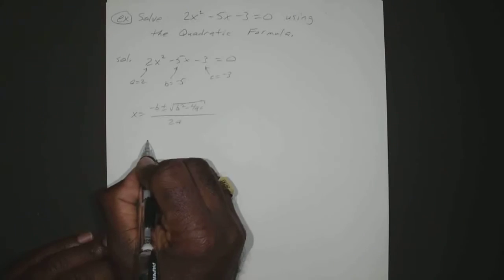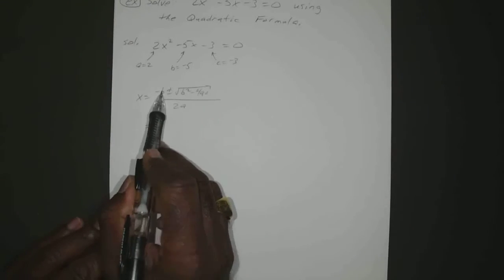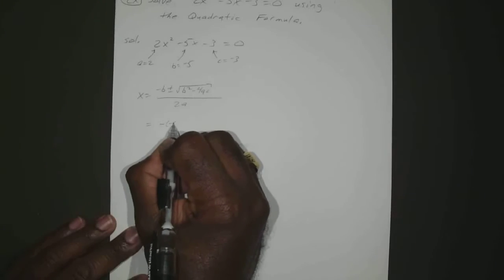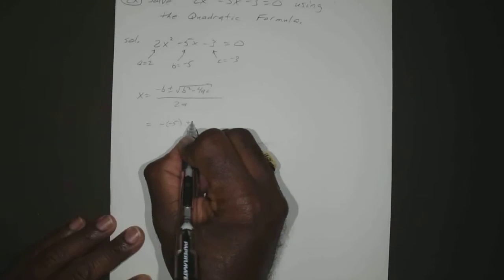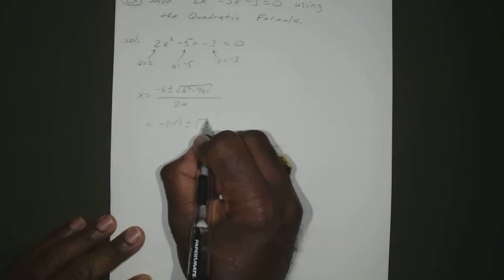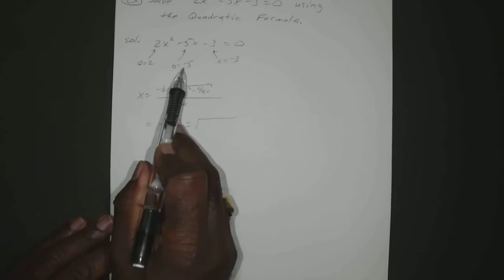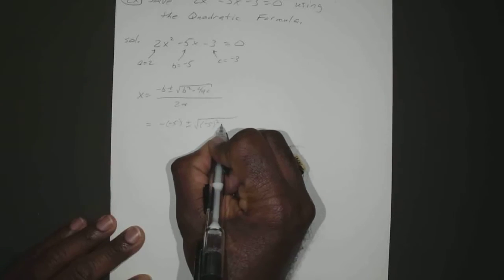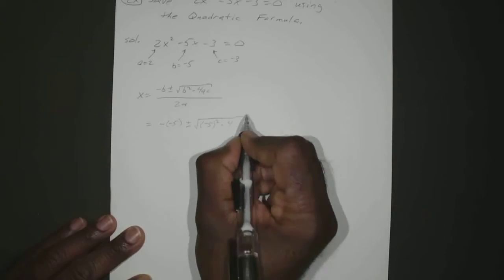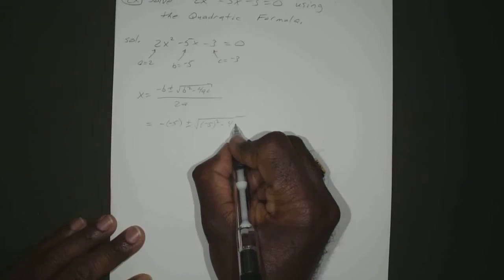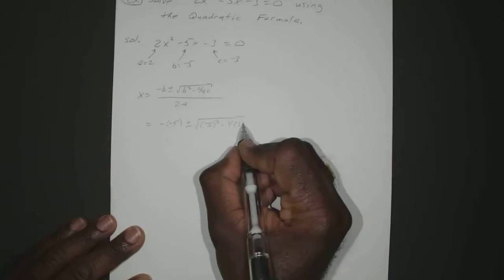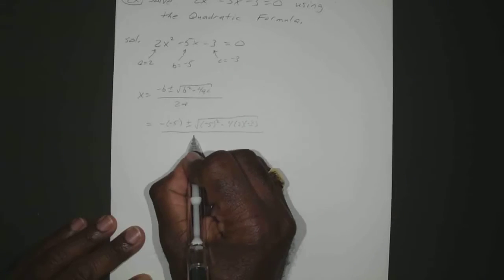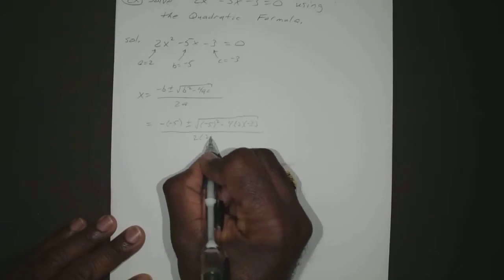So that would equal negative b, which is negative 5, plus or minus the square root of b squared, which is negative 5 squared, minus 4 times a, so that's times 2, times c, that's times negative 3, all over 2 times a, so that's 2 times 2.